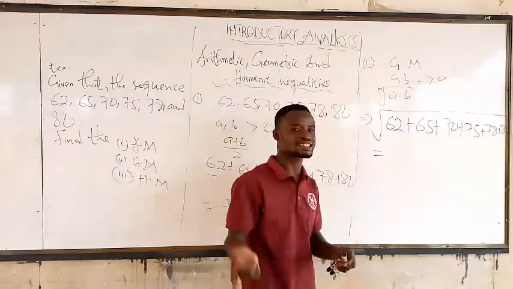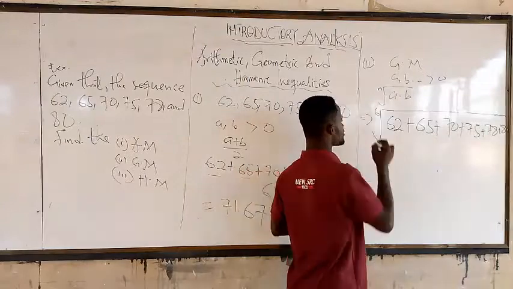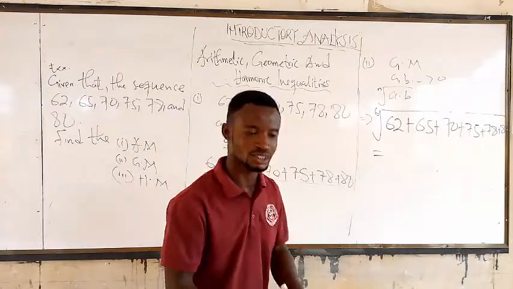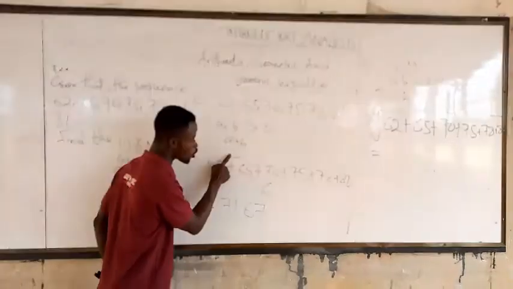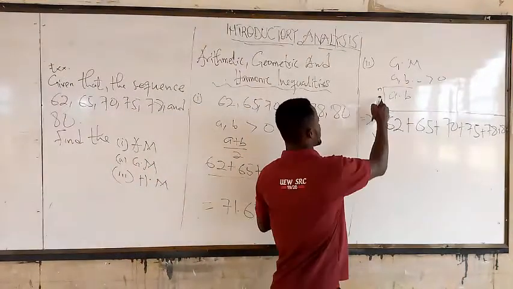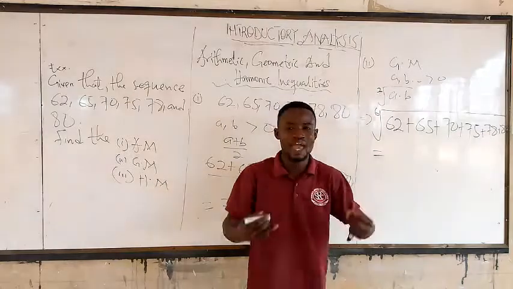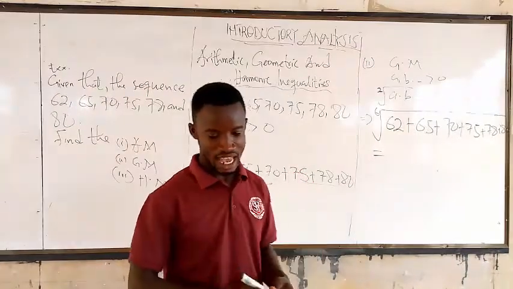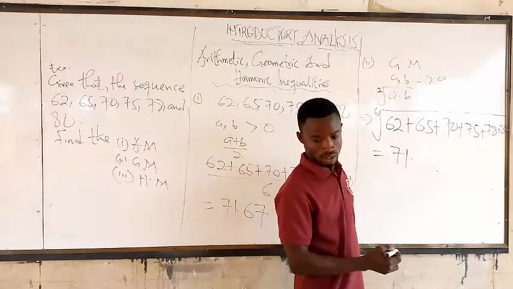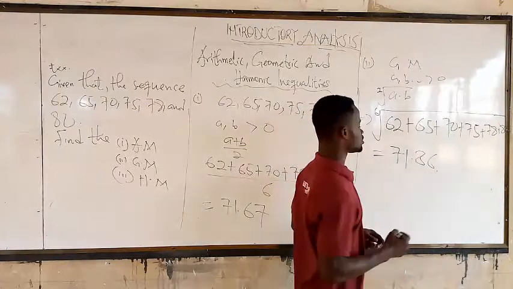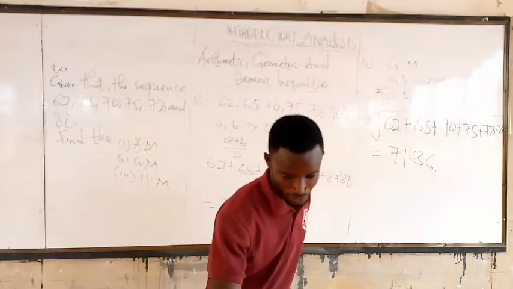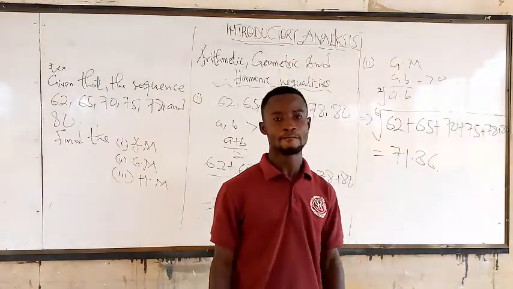So you have to take the sixth root. Please don't forget that. It's not always the square root, as we said that here is not always 2. In the same way, the root is not always square, but it depends on the number of terms. And when you do that, you are going to get 71.36. So that is going to be for the geometric mean.